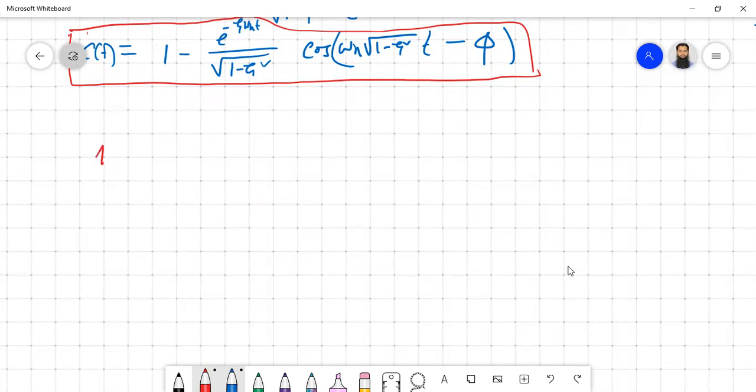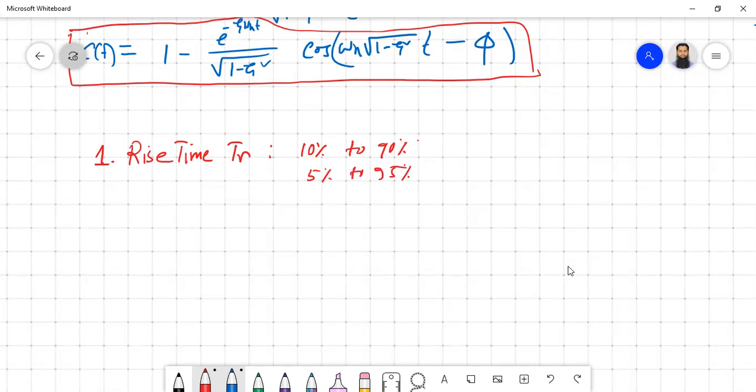So the first one is rise time as before, rise time TR. It can be defined in terms of the time it takes to go from 10% to 90%, this is one way. Also, you can take 5% to 95%.